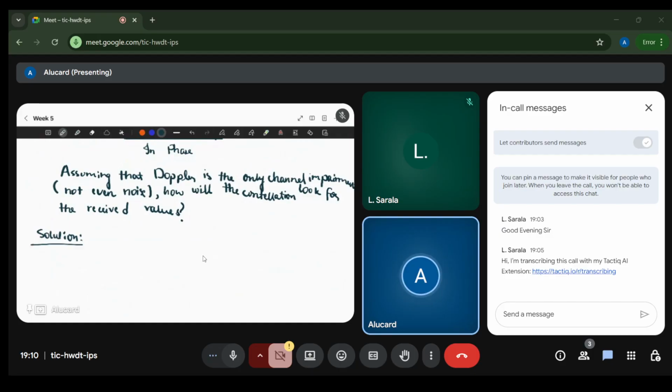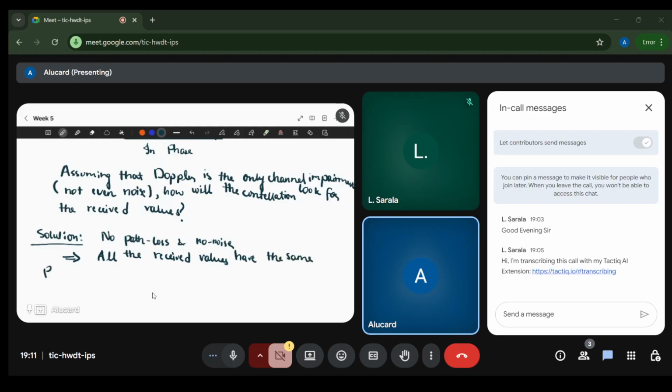The answer is, since we are assuming that there is no path loss and there is no noise, or there's only Doppler effect, all your received values have the same power, because the Doppler effect won't change the power of the signal.